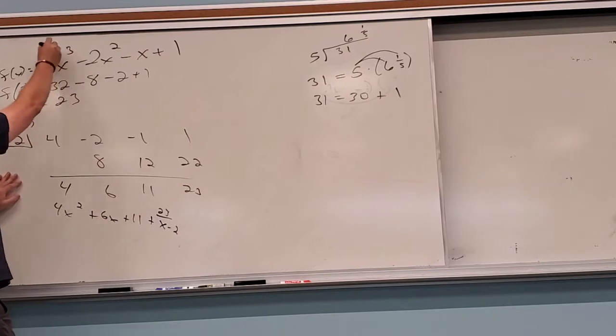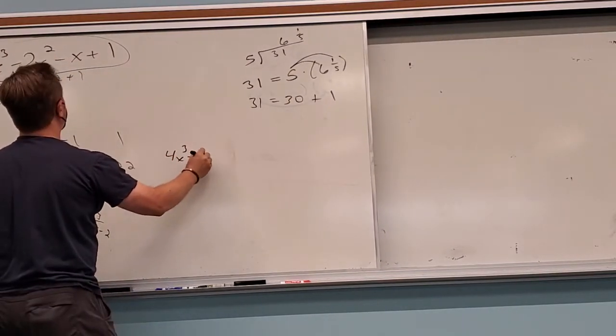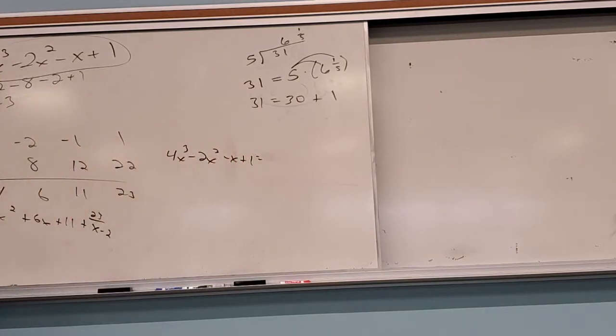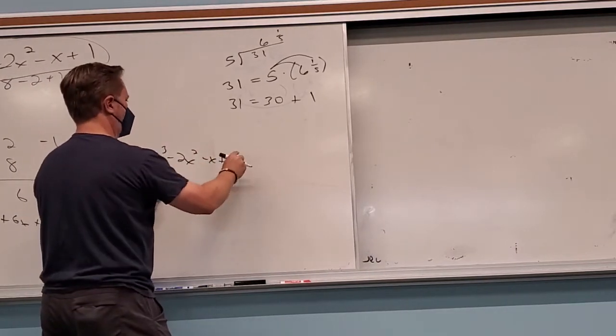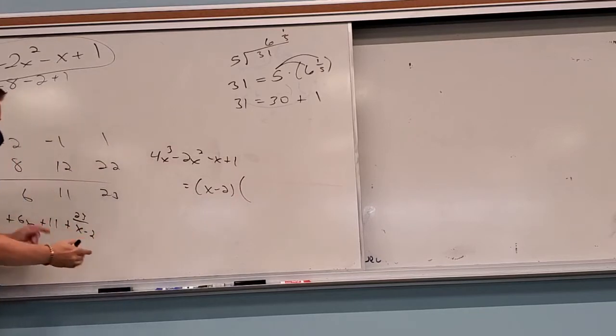What did we divide this by? Here. x minus 2. So it's equal to x minus 2 times this, yes? Of course it is. If I divide this by this and I get that, this equals this times that.